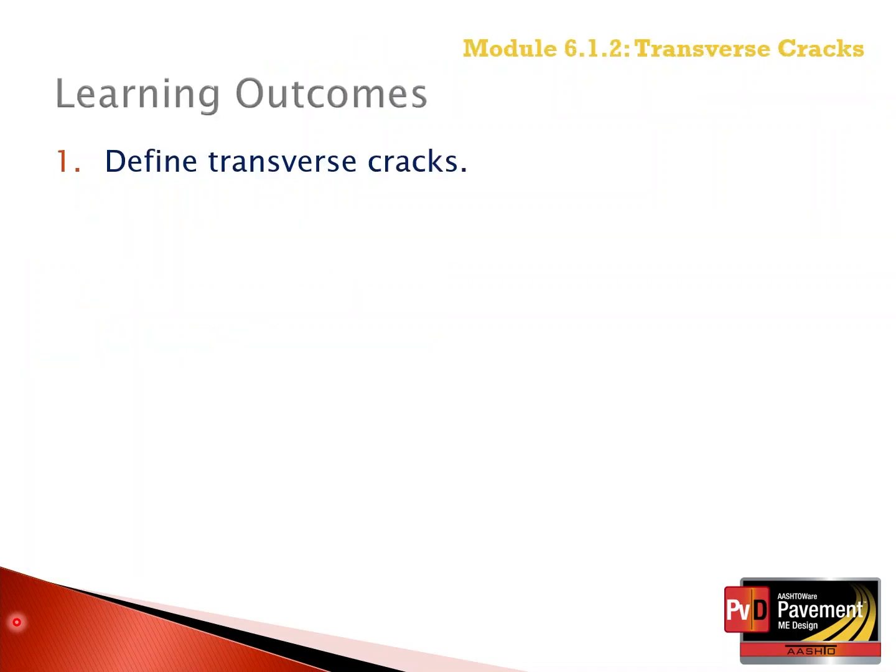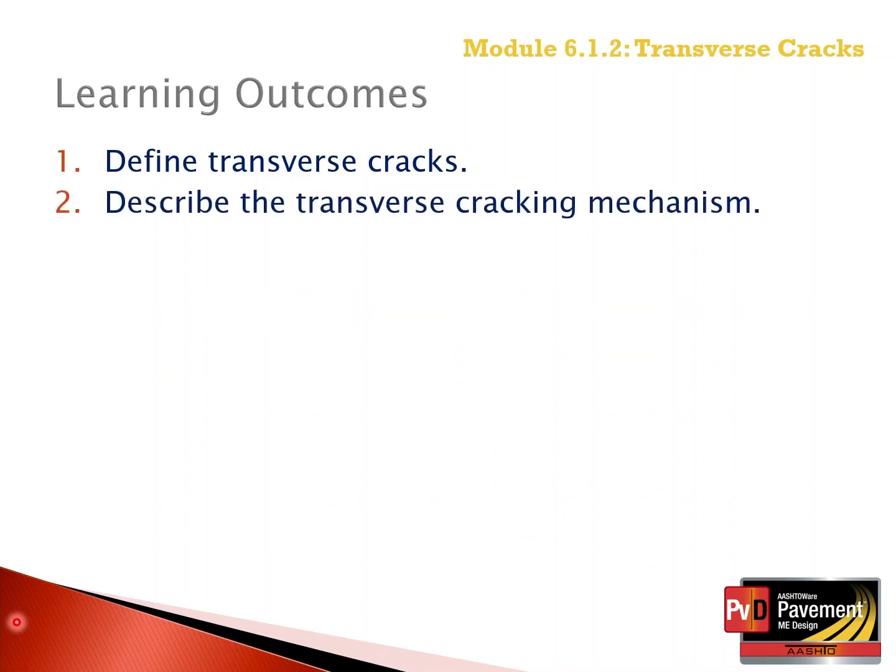There are 5 learning outcomes of Module 6-1-2, which include: define and explain transverse cracking of the asphalt wearing surface layer of flexible pavements. Describe the mechanism that caused transverse cracks in flexible pavements.